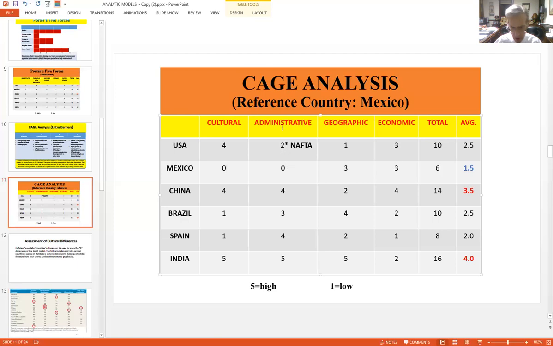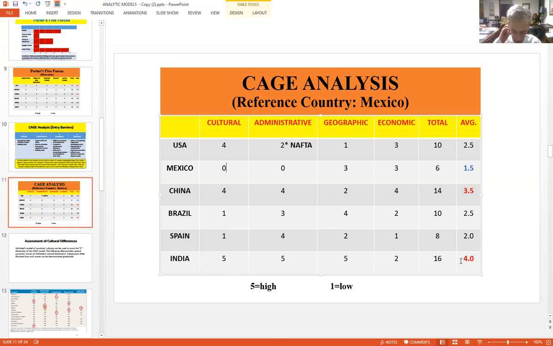And administrative barriers were small, but NAFTA was relevant in that case because NAFTA had the effect of reducing administrative barriers. And in other parts of the world, there are other trade agreements that could make a difference. So it looked like India had the highest barriers to entry.